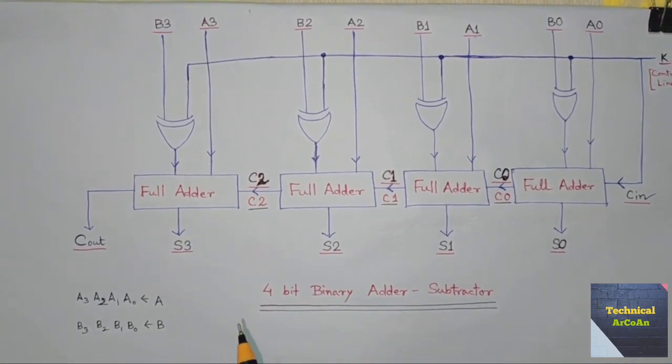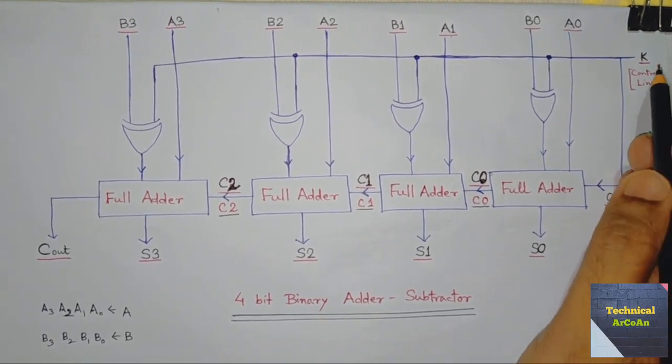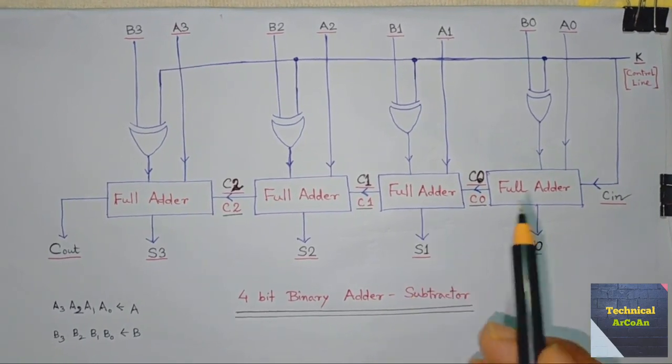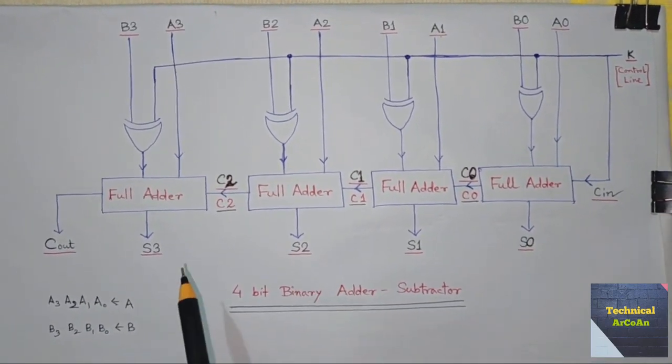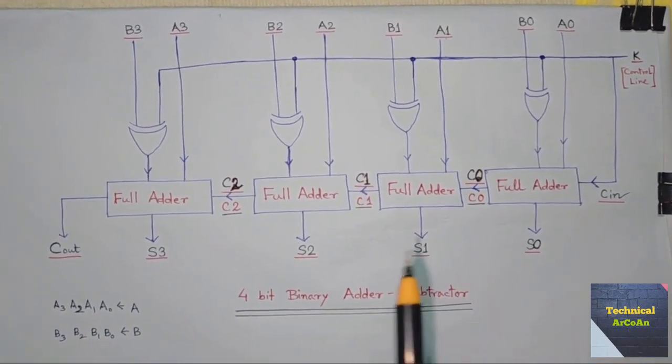Now there is a control line, known as K according to this diagram, that holds a binary value of either 0 or 1, which determines whether the operation being carried out is addition or subtraction.